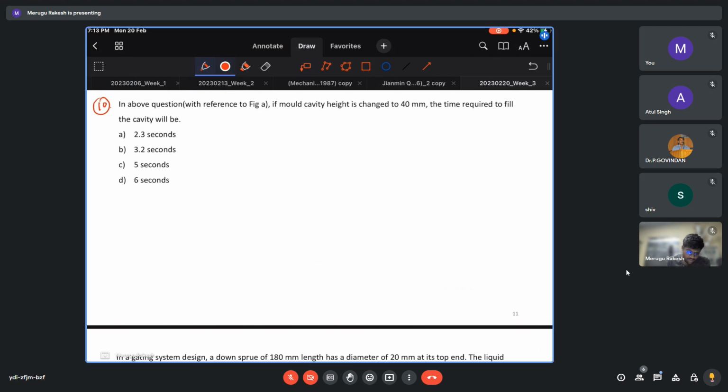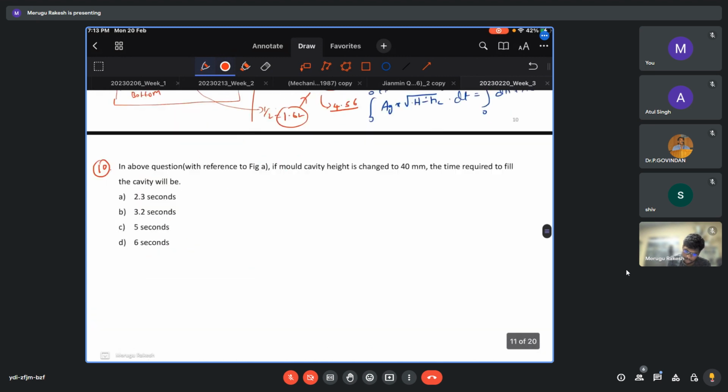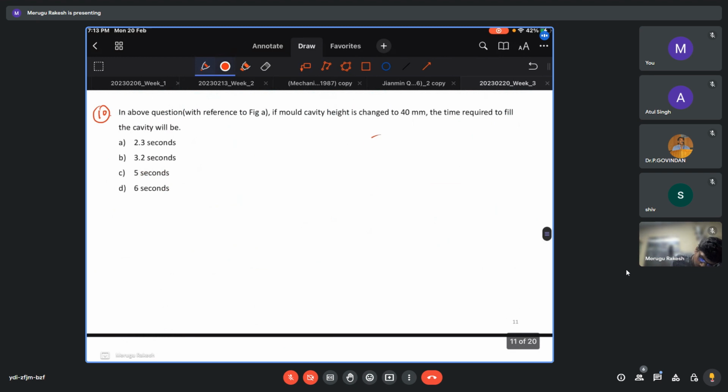So this is a continuation of the first question. What happens if the mold cavity height is changed to 40 mm? The time required to fill the cavity will be. In this figure, I will draw the figure for you.